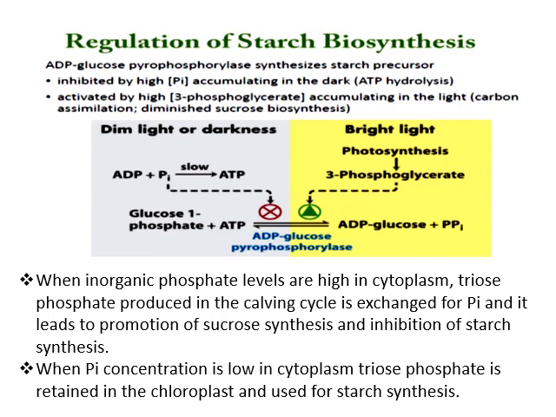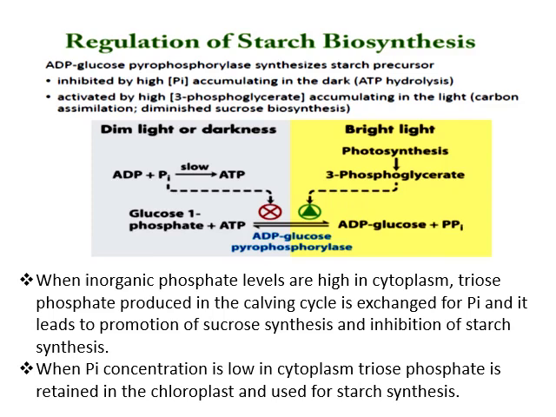So these are the two things which have their impact on the ADP glucose pyrophosphorylase enzyme. It is inhibited by high inorganic phosphate, and it is activated by 3-phosphoglyceric acid.